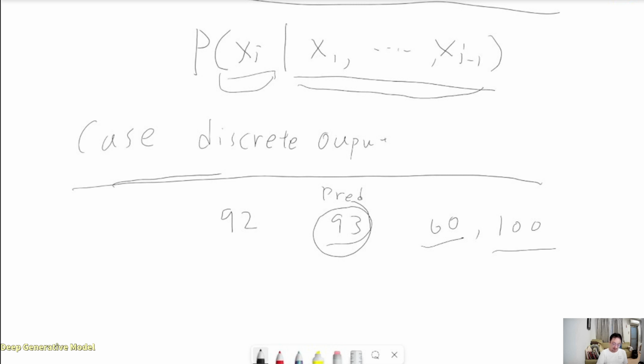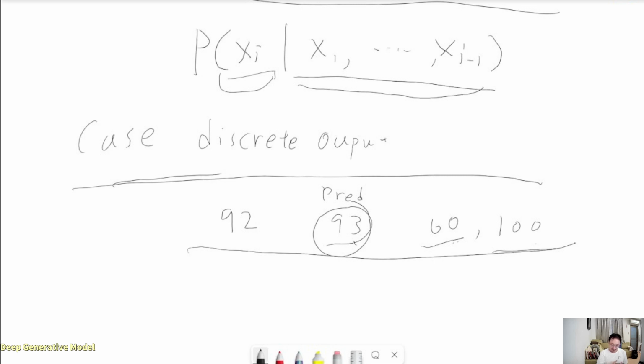However, if you are considering a lottery number, then no matter whether your prediction is 93 or 60 or 100, they are equally wrong.